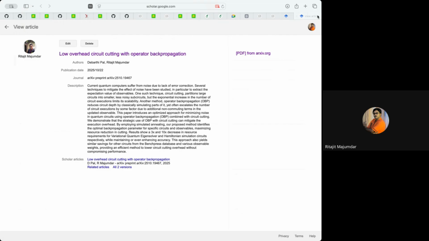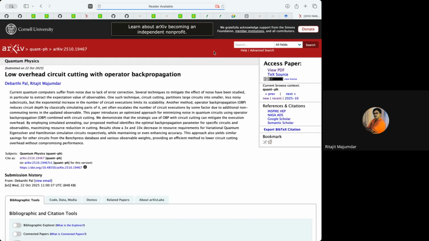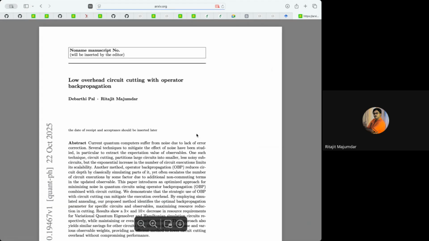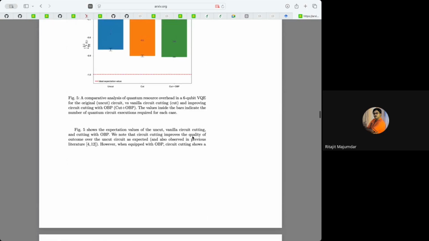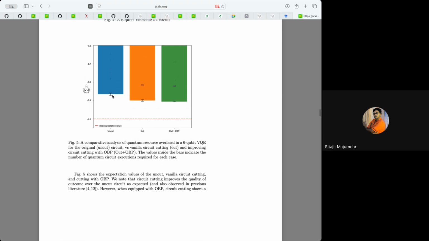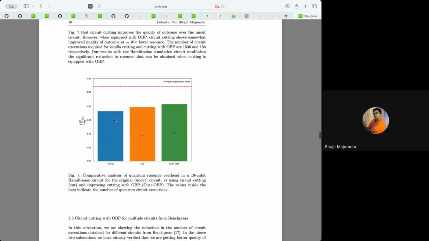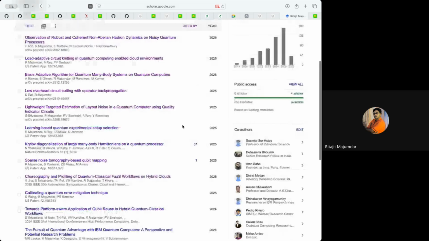If you look into this particular work here, again I can share the link if you want, this also shows how you can actually improve the results by using circuit cutting. There are multiple cases where it shows that you can start improving the result using circuit cutting. This is one of the cases.